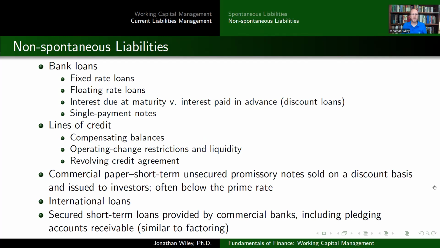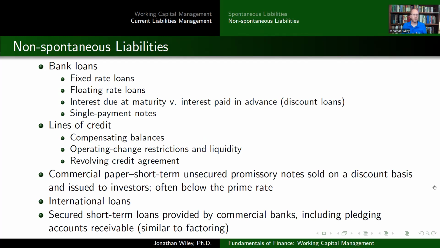There are also some international loans that can be linked in some cases to trade and things like that. This can have some additional wrinkles associated with it because it might involve a different currency, for instance. But there are some international loan situations that might facilitate ongoing trade between countries and so forth. There are also secured short-term loans provided by commercial banks. So this would be a commercial bank, but it's secured by something.